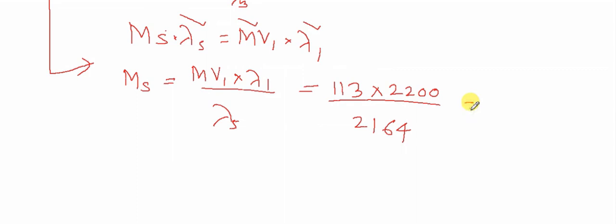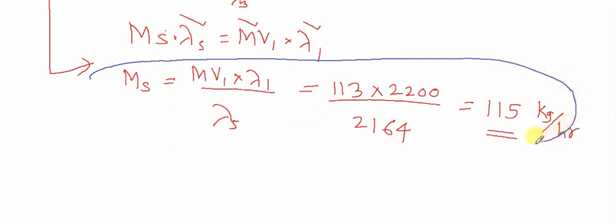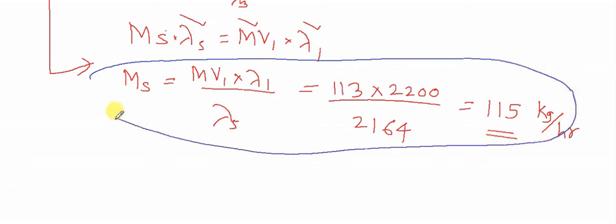From this you get the value, this is 115 kg per hour. So this way we have to find out the steam flow rate. So you get the ms value as 115 kg per hour.